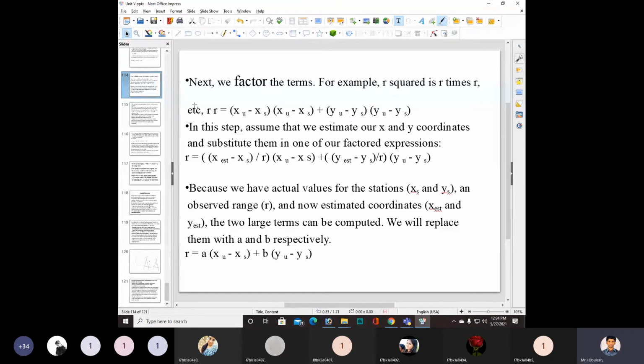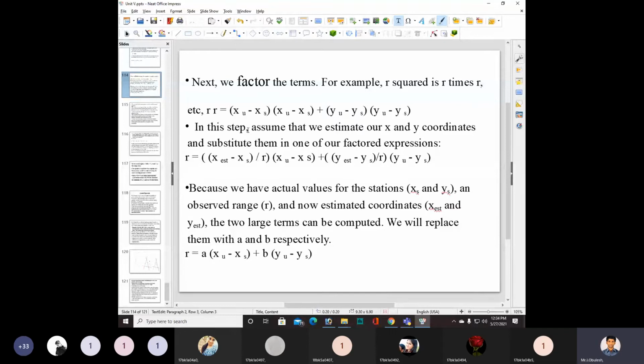Next, the factor terms. For example, R square is R times R, which means R into R. XU minus XS whole square means XU minus XS into XU minus XS, plus YU minus YS into YU minus YS.